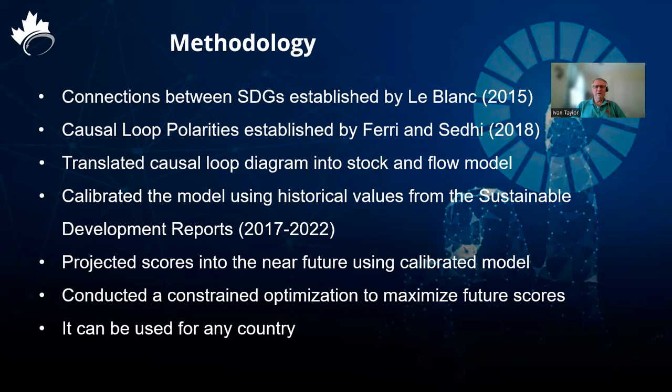And then we calibrated the model using historical data from the Sustainable Development Reports from 2017 to 2022. And then we projected the scores into the near future using the calibrated model, assuming that nothing changes in terms of policy from 2022. And then we conducted a constrained optimization to try to maximize the future scores.